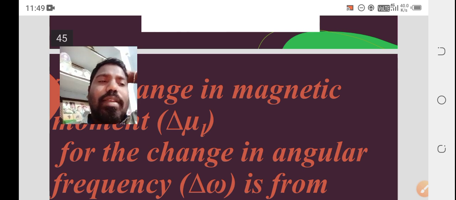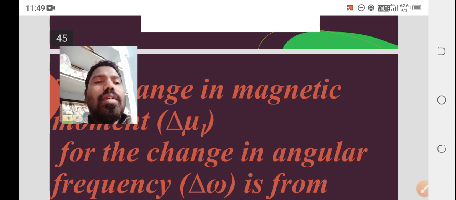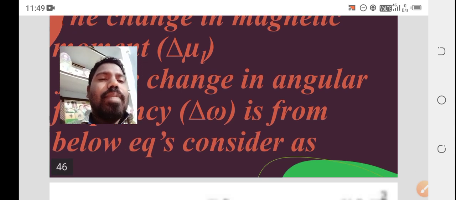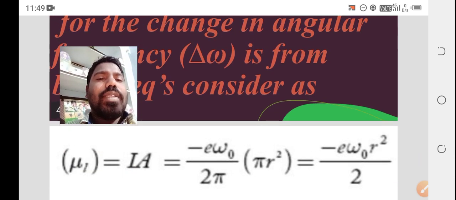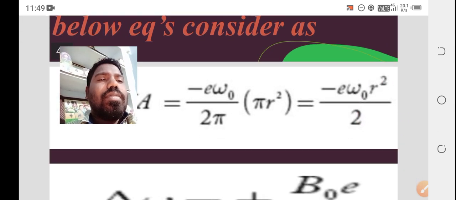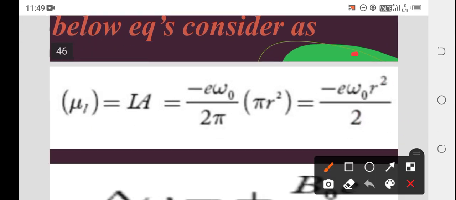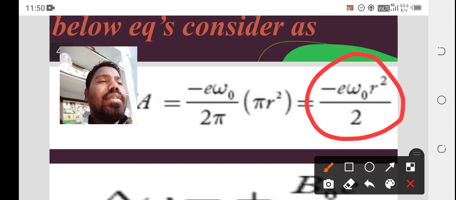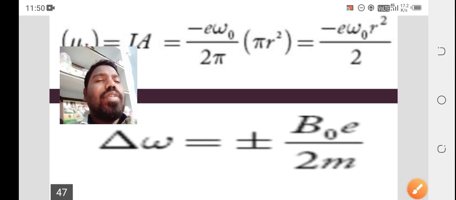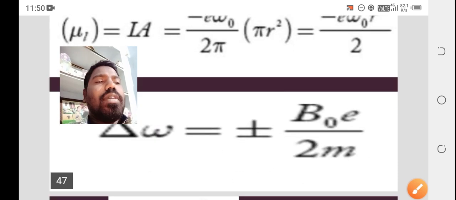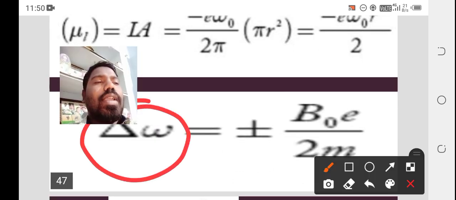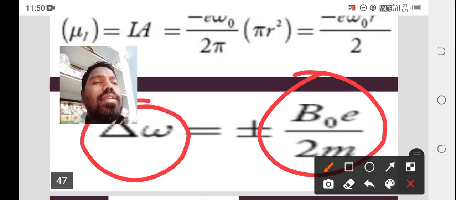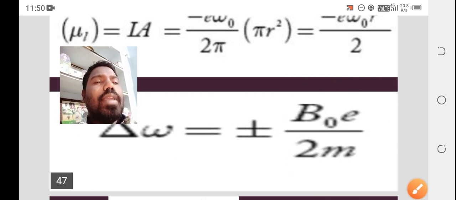So from the equation, what is mu L? Mu L is minus e omega naught r square by 2. This is mu L, and del omega is plus or minus b naught e by 2m, by replacing this value.